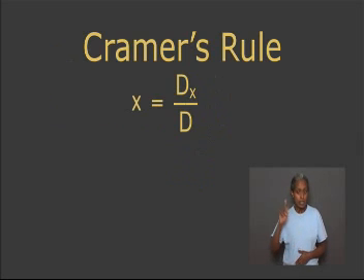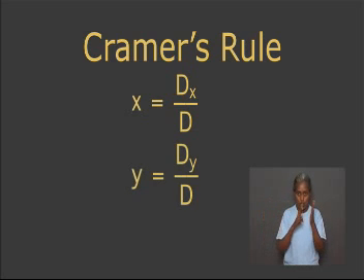This method is called Cramer's rule. You can also use it to solve for y. Y equals dy over d.